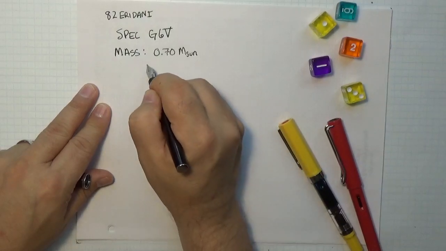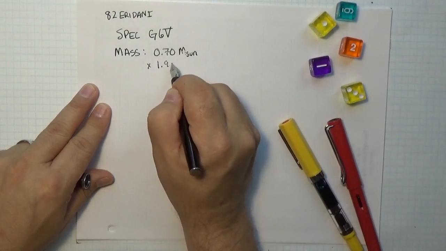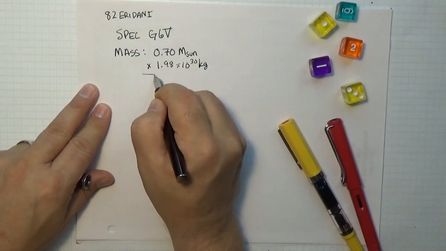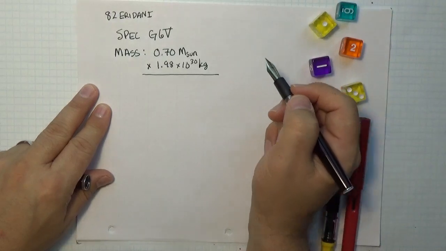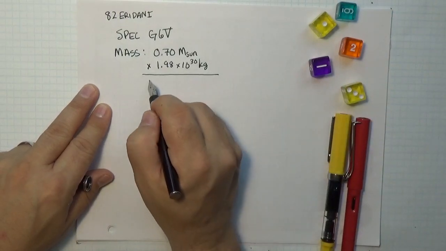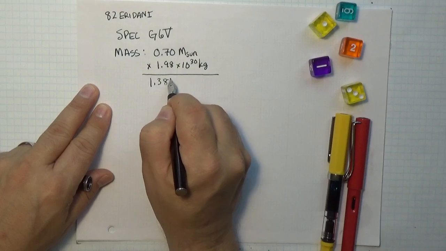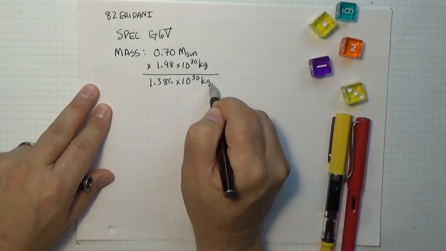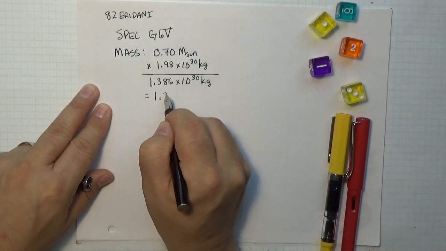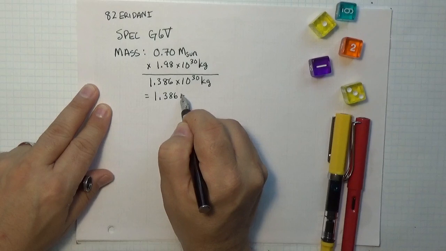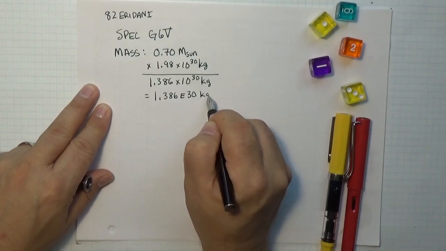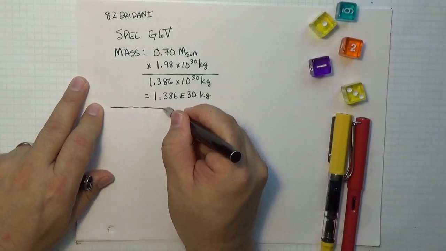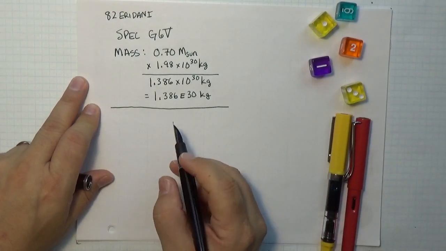So if I multiply that by the mass of the sun, which is 1.98 times 10 to the 30 kilograms, then I get the true mass for 82 Eridani that I care about, which is 1.386 times 10 to the 30 kilograms, or that's equivalent to writing 1.386 E 30 kilograms, which is how it appears on your calculator. Okay?